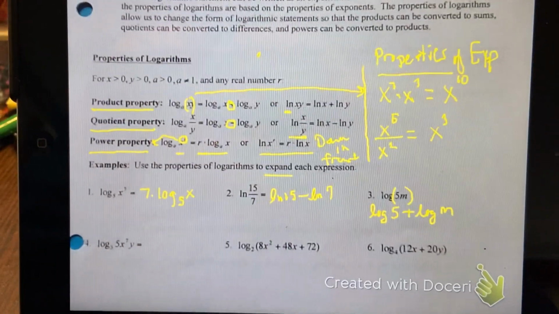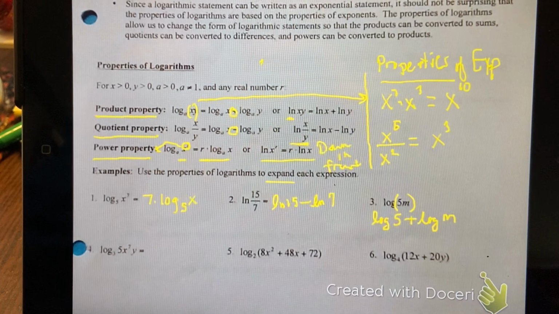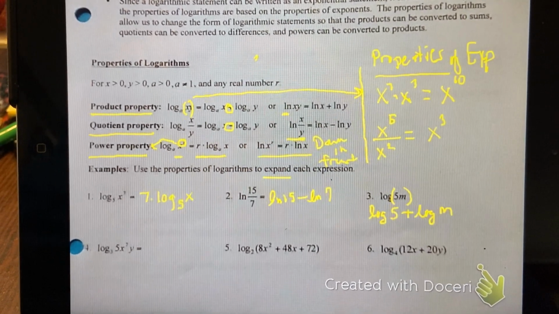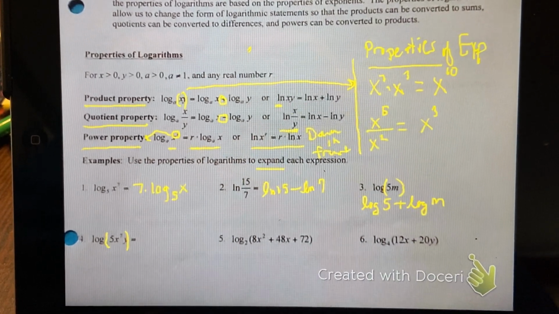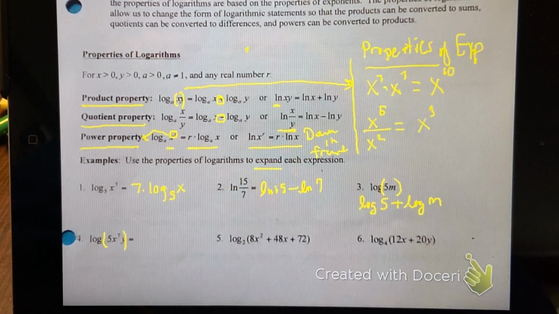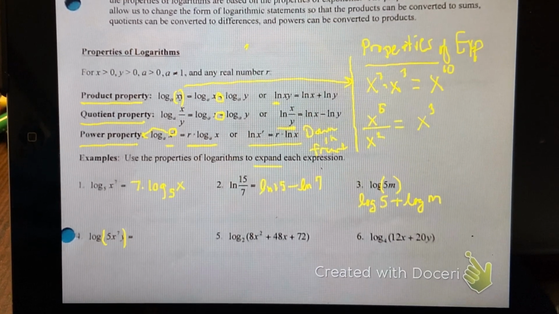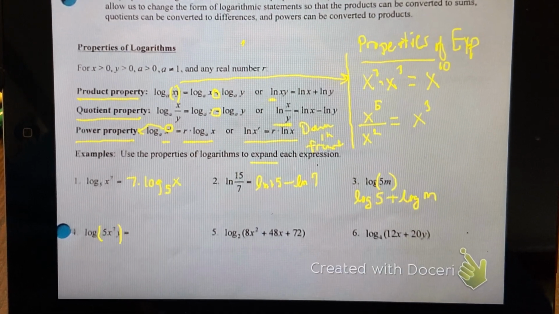Okay, when we work with the next ones, we get a little bit more involved. First thing I look at, if I were to put a parenthesis around that information, is I really have 5 times x to the 7th times y. So I'm going to just split it up three ways.